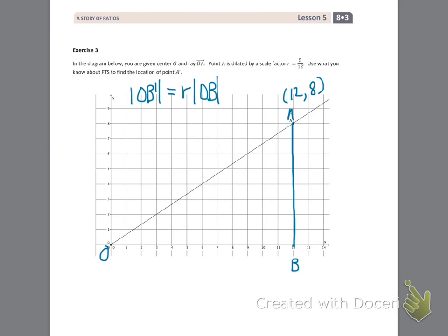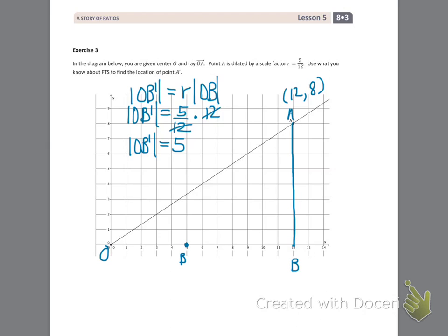I know that R is 5/12, and that the distance between O and B is 12. 5/12 times 12 equals 5. So here's my B prime right here at the point 5, 0.